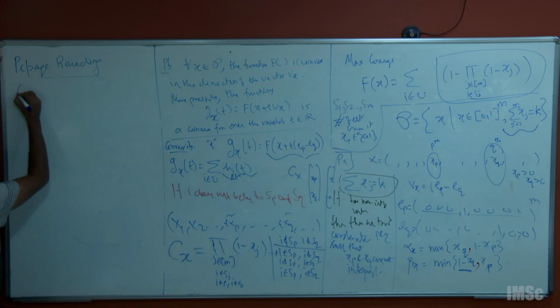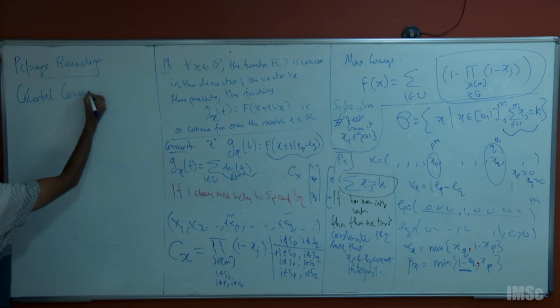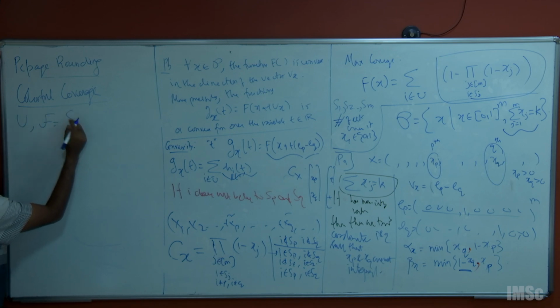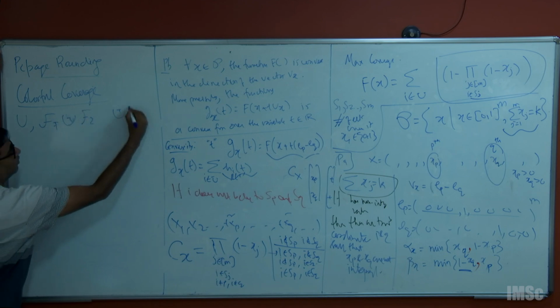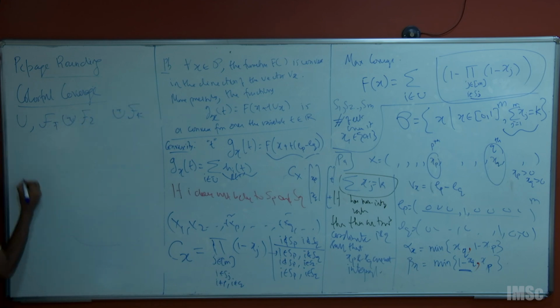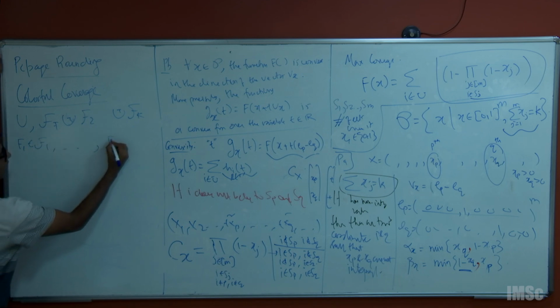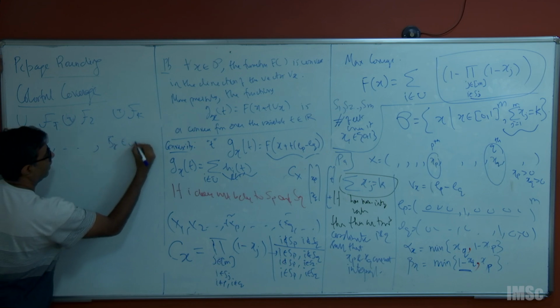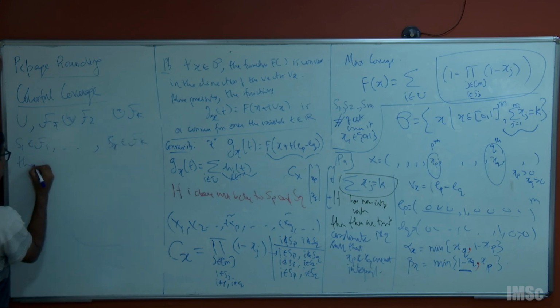It was called colorful coverage. I defined a function called colorful coverage, where the universe was the universe. My family was divided into F1 disjoint union F2 disjoint union ... Fk, and our objective was to find S1 in F1, ..., Sk in Fk that maximizes the union.